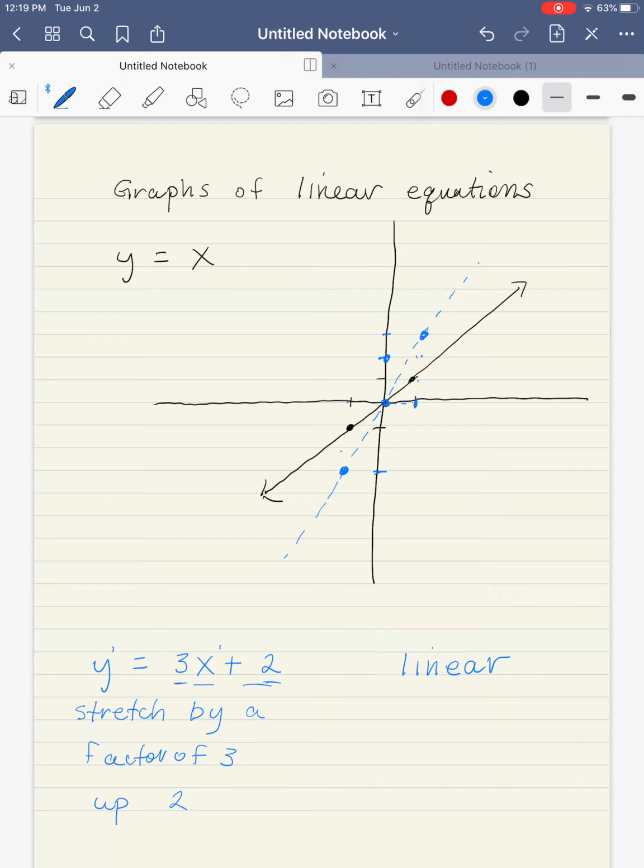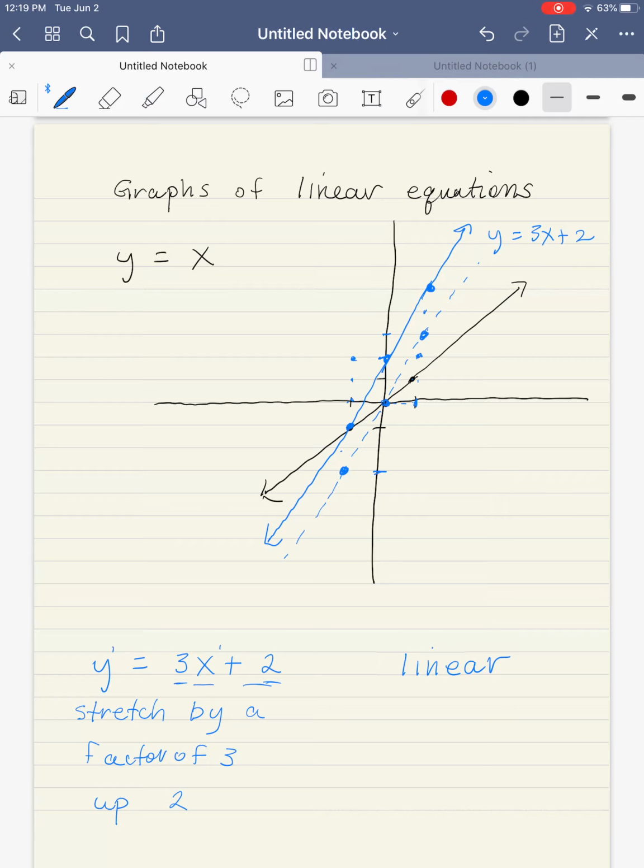So 0, 0 moves up here to 2, and then I'm still going over 1 and up 3, and back 1 and down 3. So this line, through those 3 ordered pairs, is my line y equals 3x plus 2.